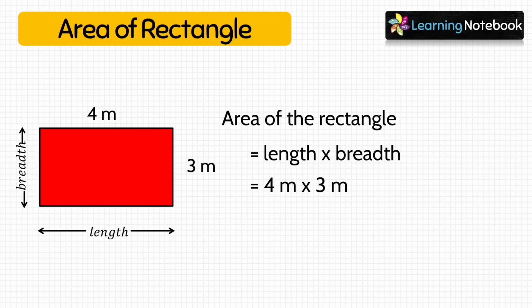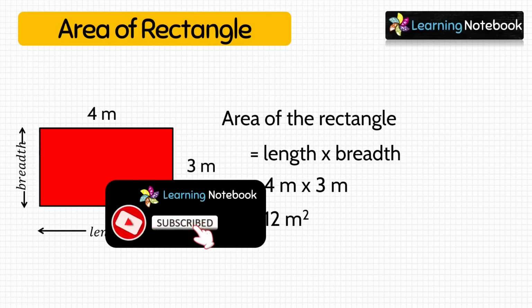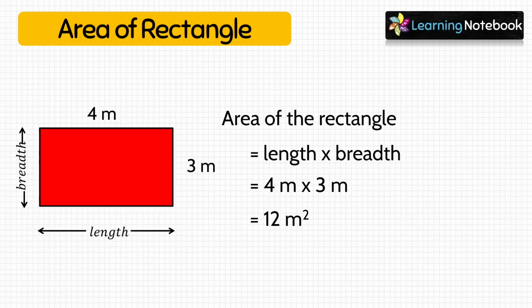So, 4 into 3 equals 12. So, area of this rectangle is 12 square meters. Students, please do note that unit of area is square meters or square centimeters, because here we multiply length and breadth.